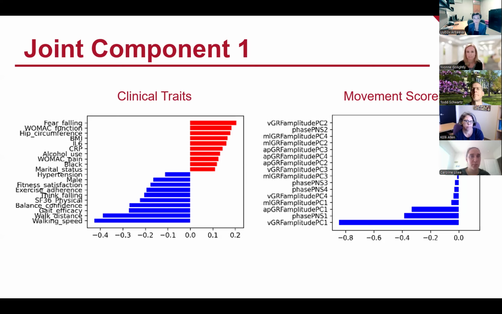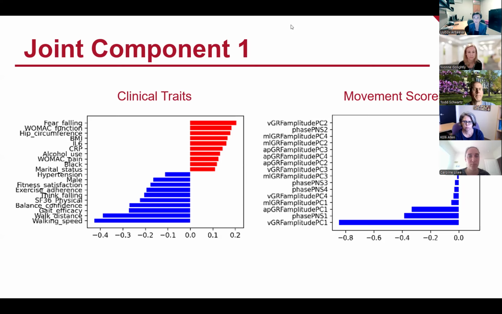Both magnitude and sign are determined by AJIVE. All you need to do is upload the data and grab them. We used a lot of time to make sure that the sign is correct, so we plotted individual level data and colored them by different variables to make sure that everything is correct. But the interpretation is similar to principal components analysis loading. It is the same concept, just with several blocks.